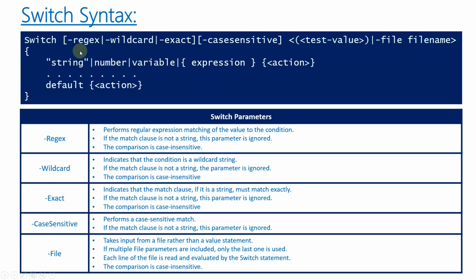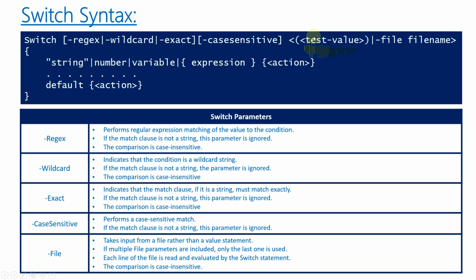By default these parameters are case insensitive. If we want to make it case sensitive, then we have to use one more parameter called case sensitive. After that, in brackets we need to write the test value. It can be any variable or a direct string.